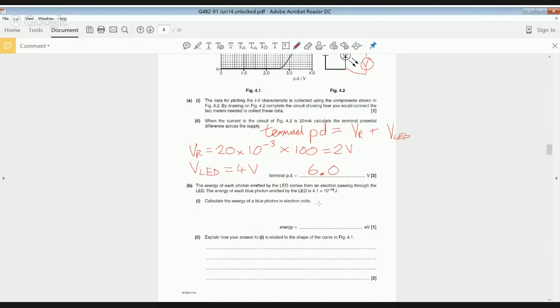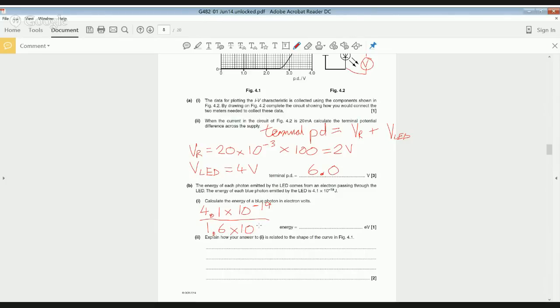So calculate the energy of a blue photon in electron volts. They've given us the energy in joules. We need to convert that to electron volts, so it's a unit conversion question. If we want to convert joules to electron volts, we need to divide the joules, 4.1 times 10 to the minus 19, by 1.6 times 10 to the minus 19, the charge on an electron, which is the conversion factor.